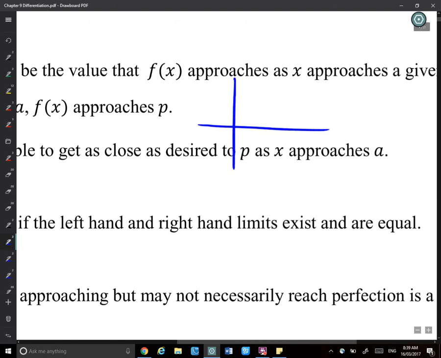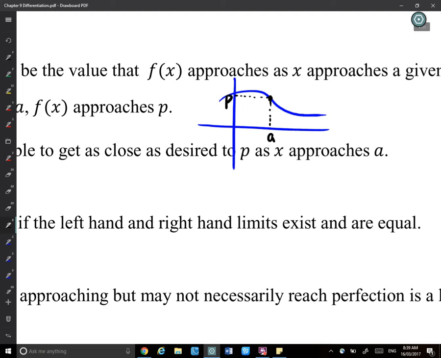We have a graph like this. And I have a point A, and this is p, where x equals a, y equals p. So think about when my x is approaching, approaching does not mean x equals a, it means getting closer and closer to a.